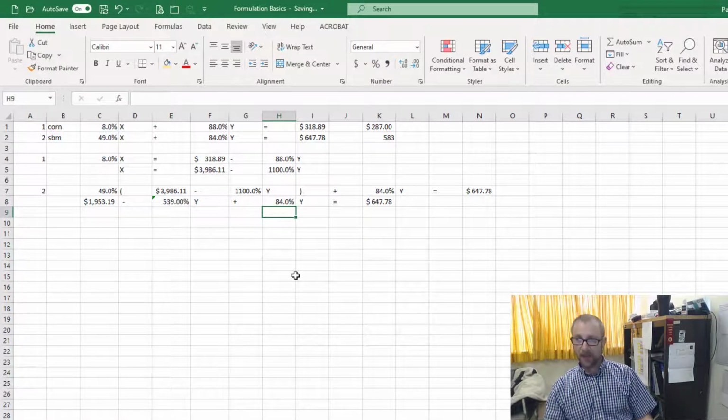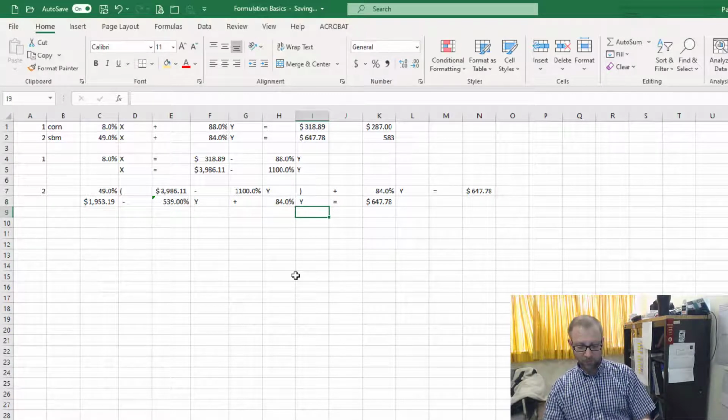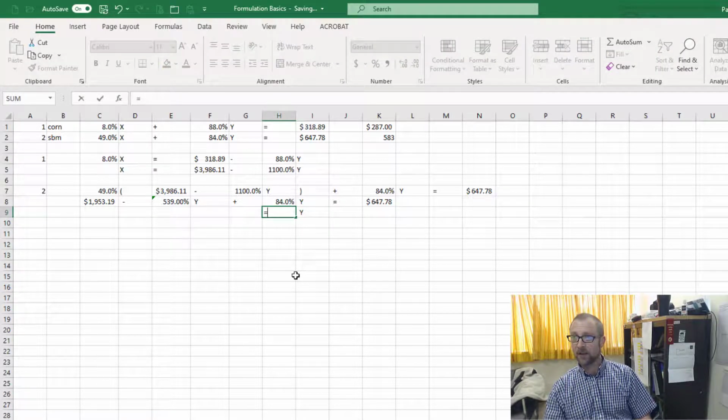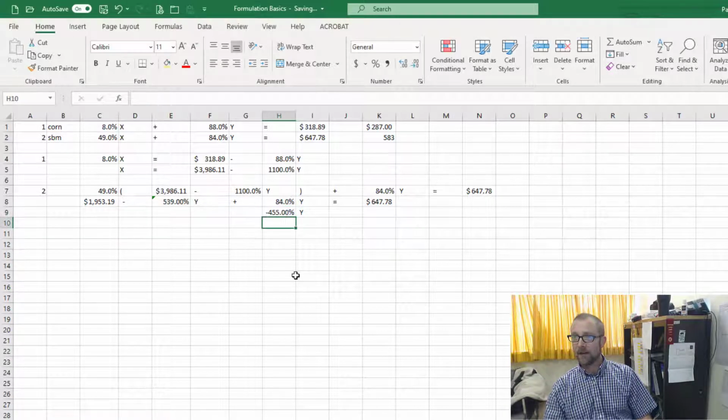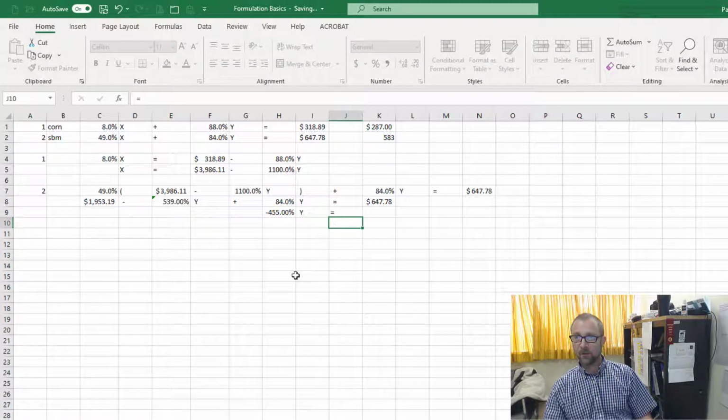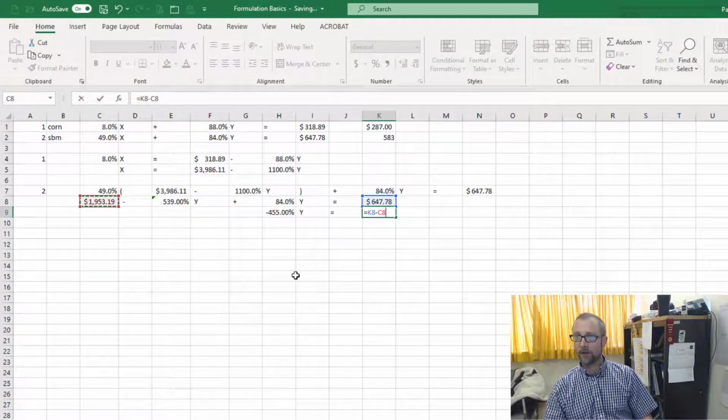And so by doing that, I get y, and this is going to be simply this minus, because there's a minus in front of that 539, so it's going to be negative 455% y, and it's going to equal this number right here minus this number over here.